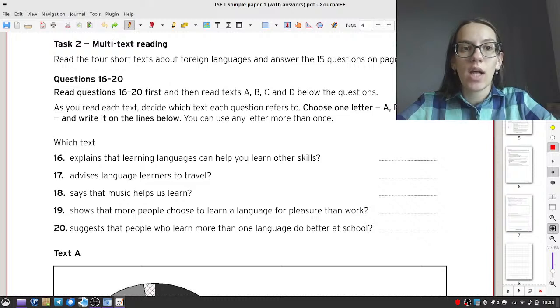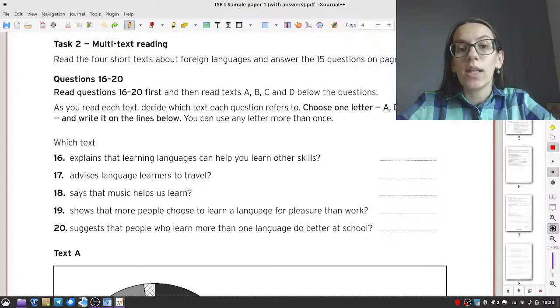So today we are looking at task 2 of the exam called the ISE I, provided by the Trinity College London.